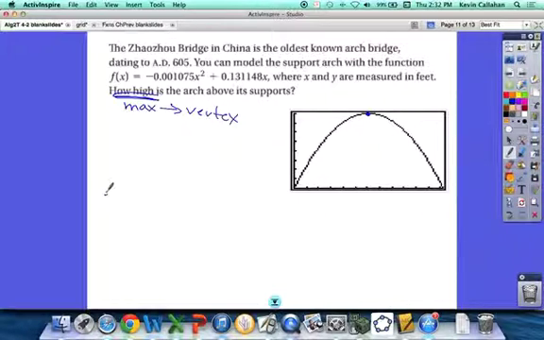So how do we calculate the vertex? Negative b over 2a. So h will be negative b over 2a, and even if the numbers are kind of funny, it's still the same math, right? Negative 0.131148 divided by 2 times negative 0.001075.